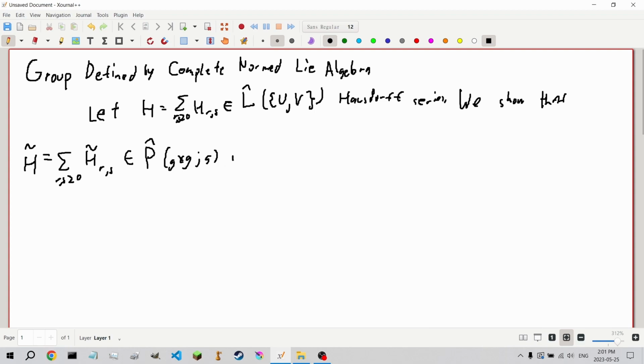I show it's convergent. Alright. So I guess it's not an immediate proof, that's just our goal for the chapter.